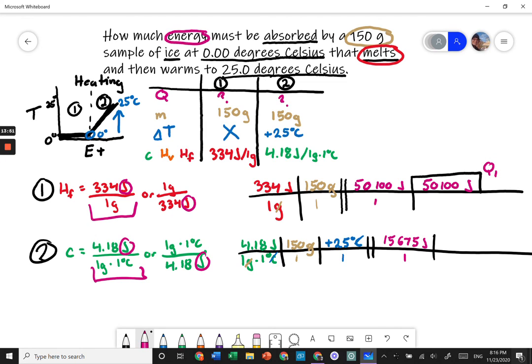So when I divide the top 15,675 joules by 1, I'm going to get 15,675 joules. Now this is the amount of energy that is going to be absorbed by region 2 of our graph. I'm going to label that as Q2.